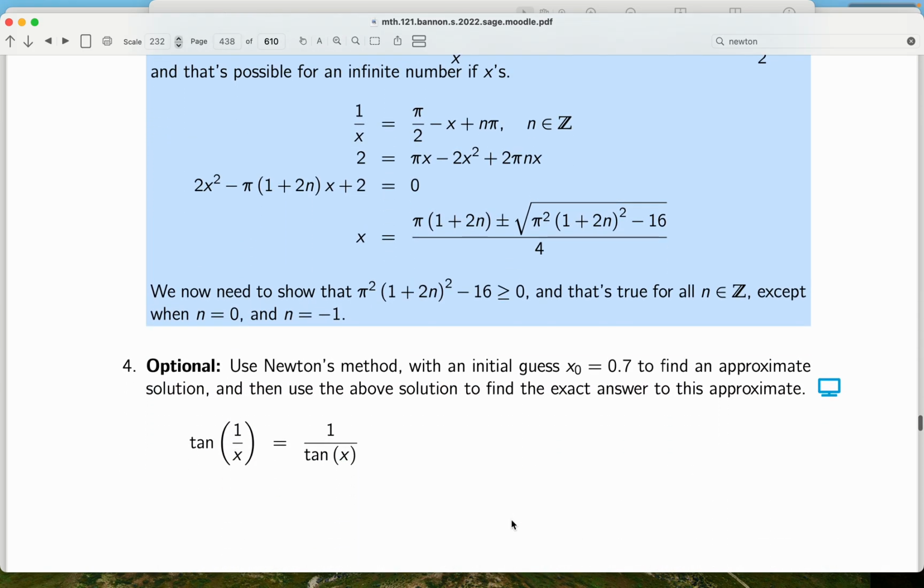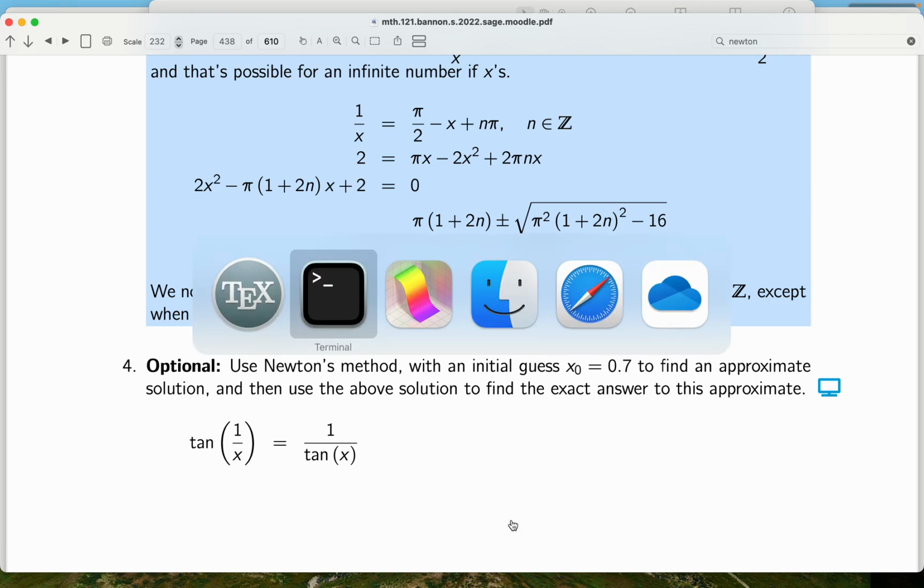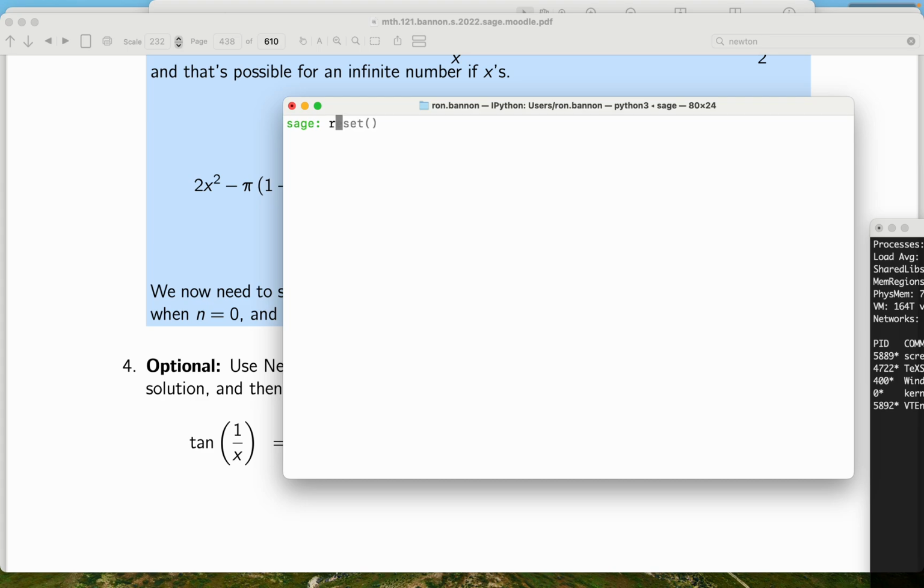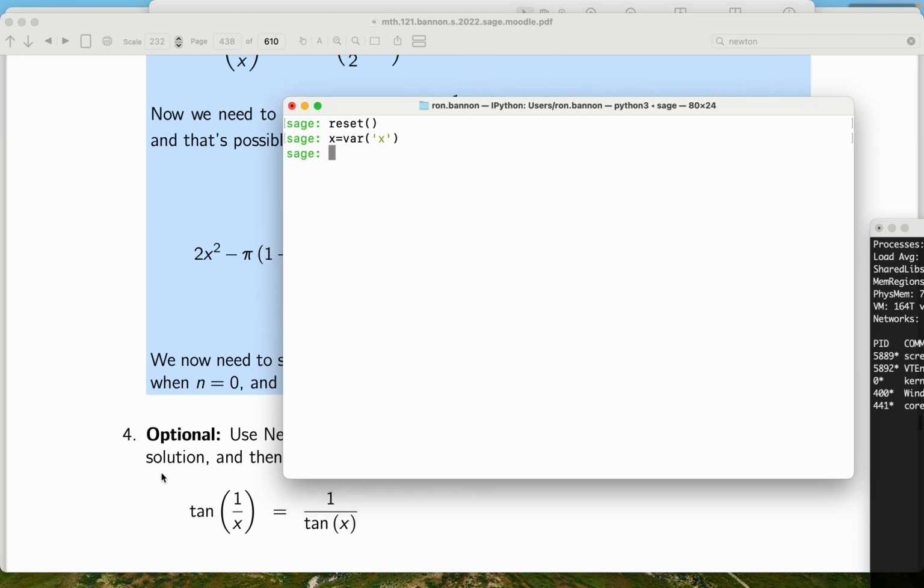Now, of course, they're saying over here, use Newton's method with an initial guess. And let's go to Sage for that. I'm going to reset. I'm going to define a variable x. And then I'm going to take this problem here and solve for 0.